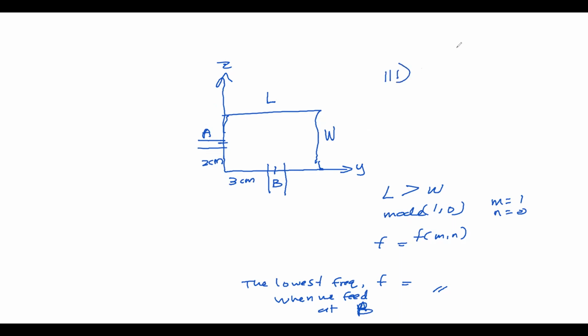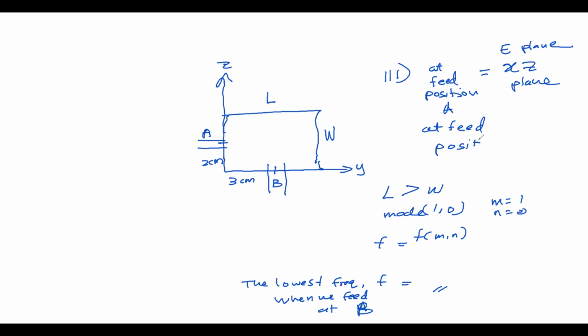So the answer to the third question is: at feeding position A, the E plane is going to be across the XZ plane, and at feed position B, we have the E plane across the XY plane.